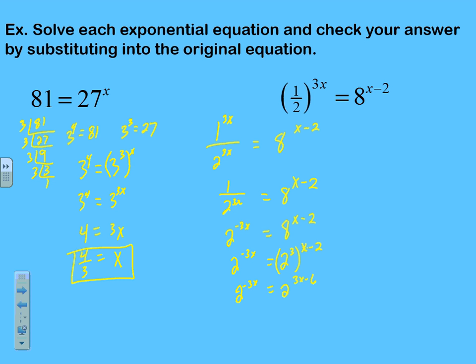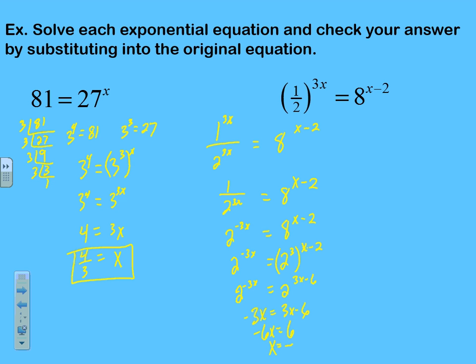And now we have a base that is common between both of them. So I can say negative 3x is equal to 3x minus 6 and solve for x. Move the positive 3x from the right side to the left side through subtraction, and I get negative 6x is equal to 6, and divide to get x by itself.